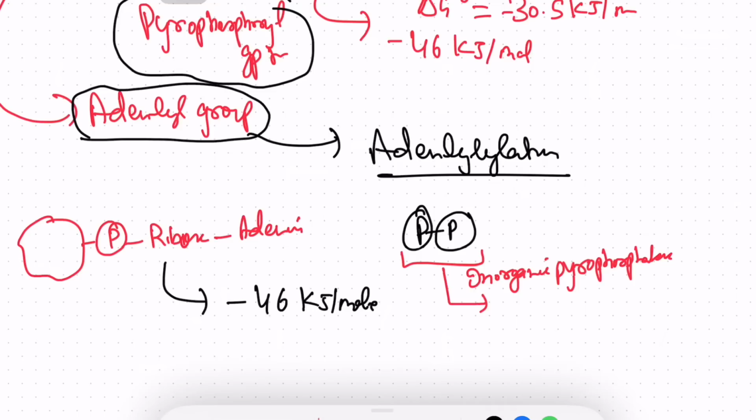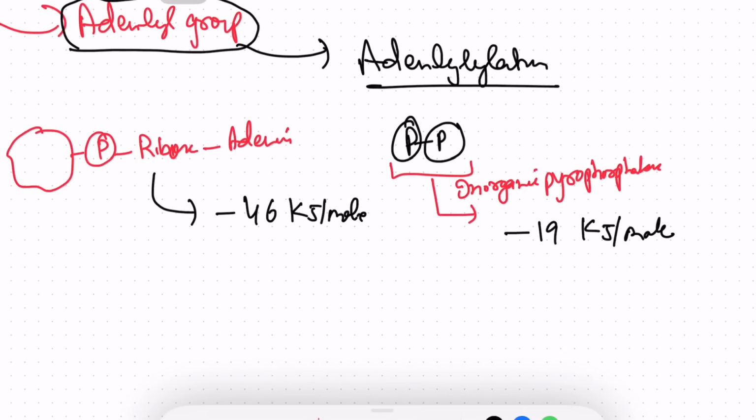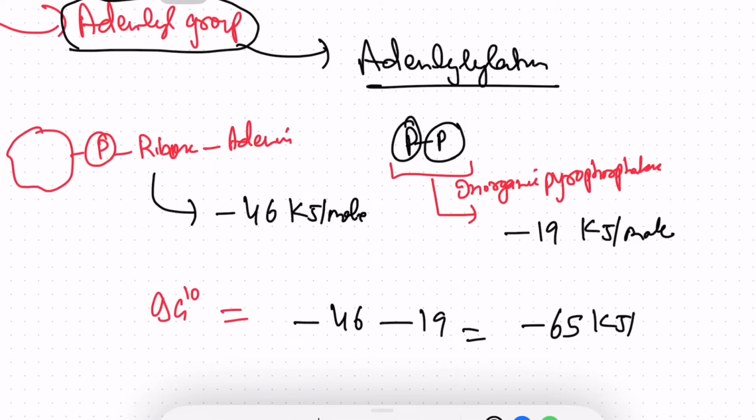You are going to see release of minus 19 kilojoule per mole, so this amount of energy will be released additionally. So for the adenylation reaction you can calculate the release of minus 46 minus 19, so minus 65 kilojoule per mole of energy will be released.